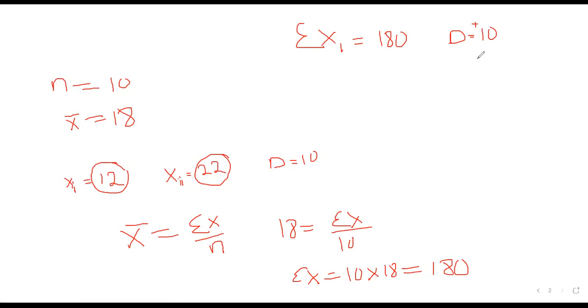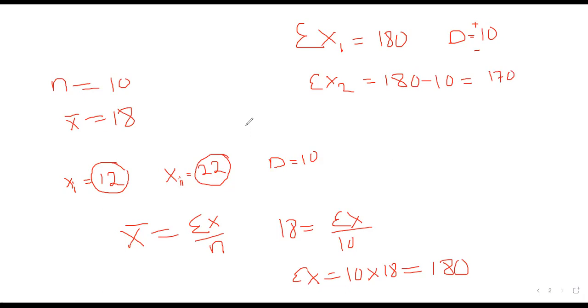Meaning to correct it, we need to subtract. So our correct summation of X should have been 180 minus 10, which is 170.